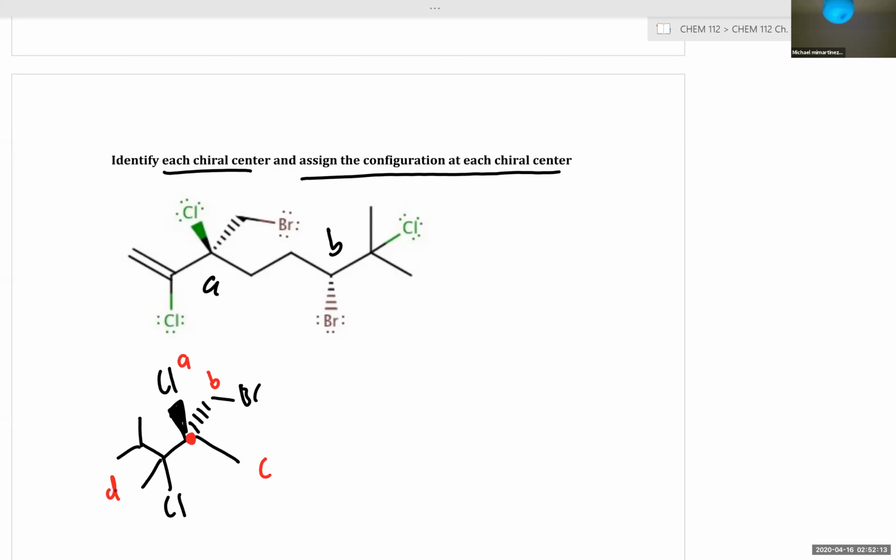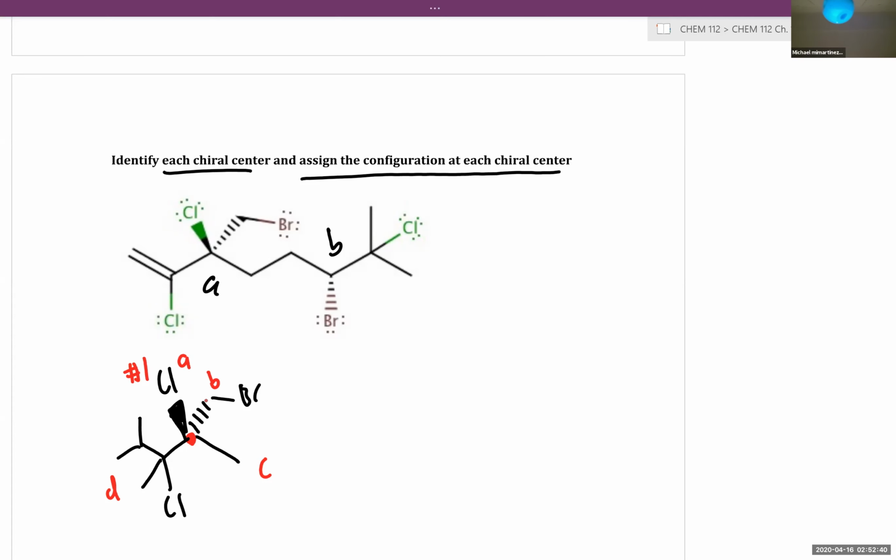A, B, C, or D? Directly attached to our chiral center. I see a lot of people typing B. Good. Everyone quickly noticed that we're not comparing chlorine and bromine. We're comparing chlorine and carbon. You always want to make sure you compare at the first atom attached to your chiral center, and then you move out if there's a tie.